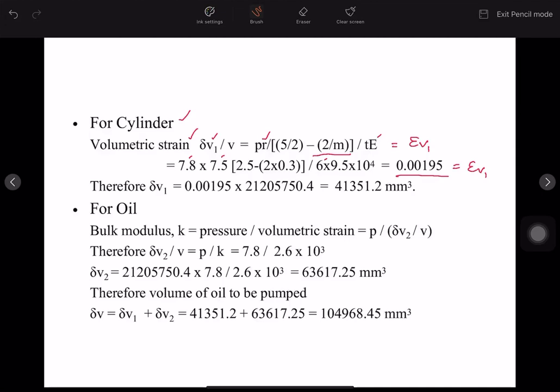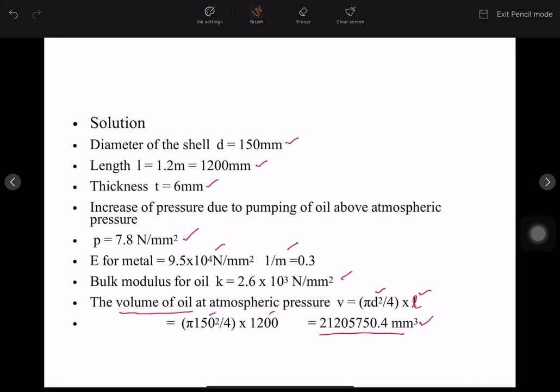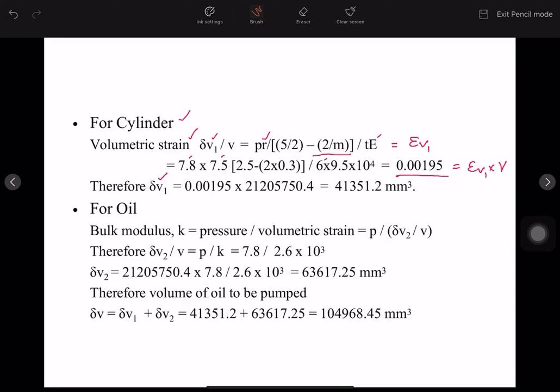To calculate the change in volume of the cylinder, that is delta V1, we need to multiply this strain into the original volume, which we have here. 0.00195 into the original volume gives us a certain value. This is the change in volume of the cylinder because of strains.